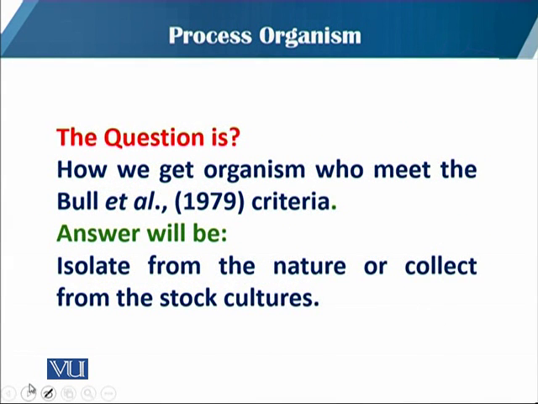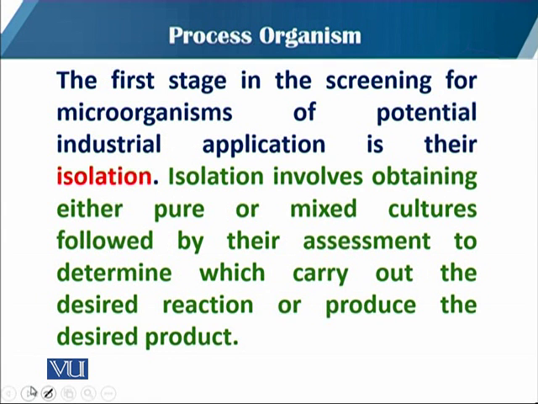But the question is how we get an organism that meets the Bull et al. 1979 criteria. The answer is very simple: either we isolate the organism, or we collect it from a stock culture. The first stage in the whole screening process of organisms for potential industrial application is isolation.